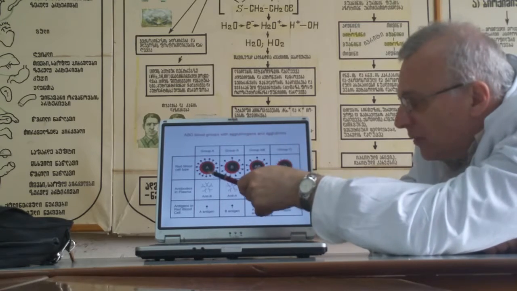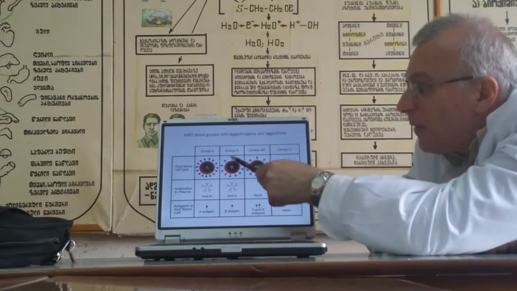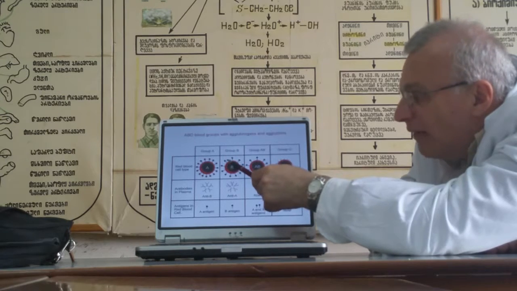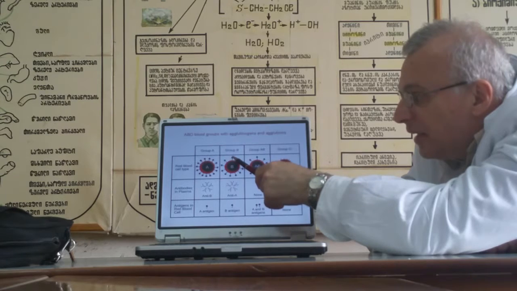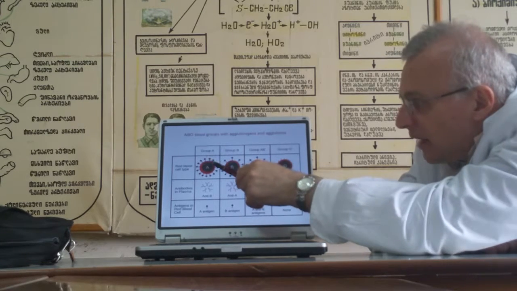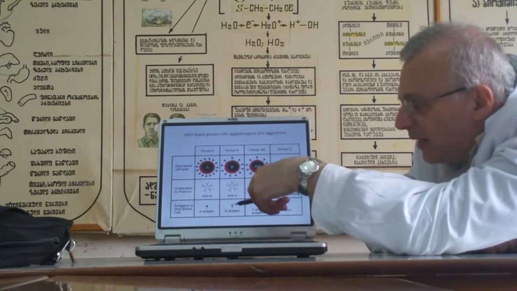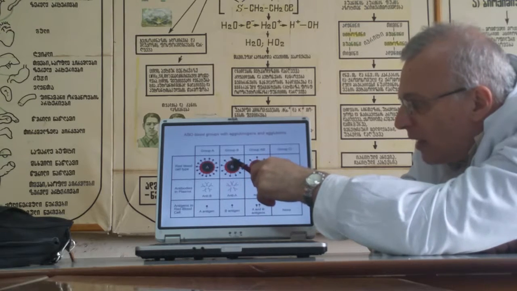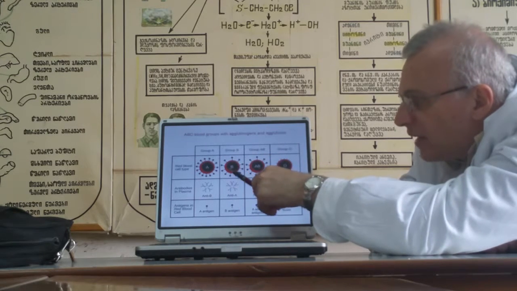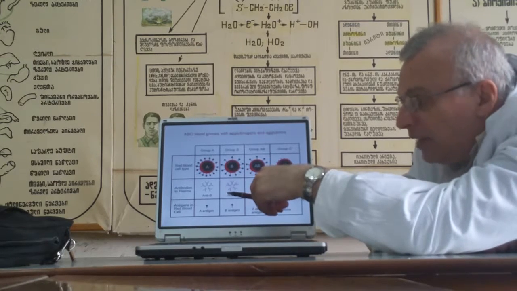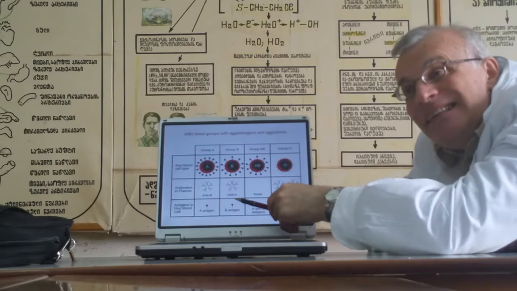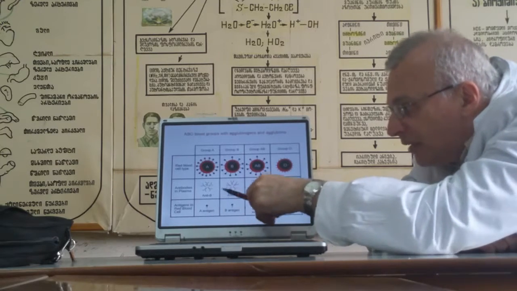Understand? For group B, we have other types of agglutinogens, like a square here, on the surface of these erythrocytes, RBC, and in the plasma we have anti-A, contrary to each other.